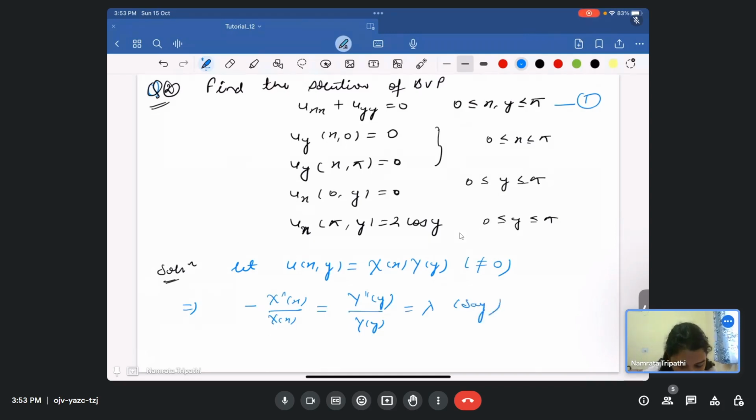Okay. Now we have to apply the boundary conditions. Let's take these two boundary conditions.